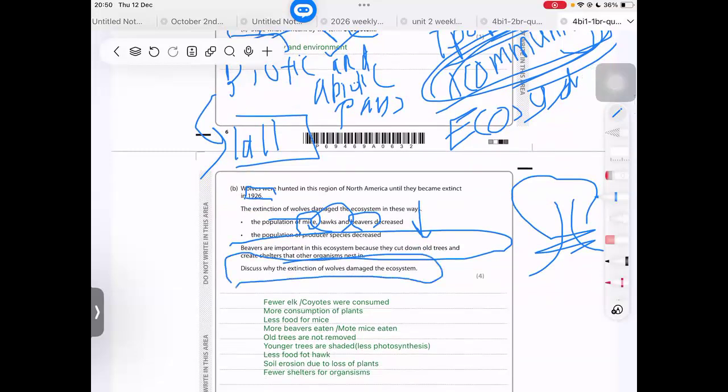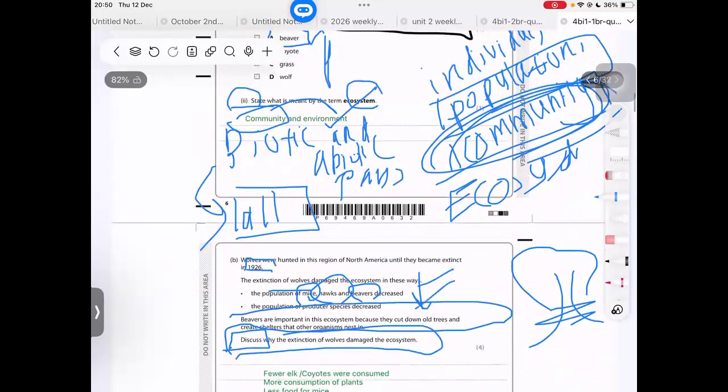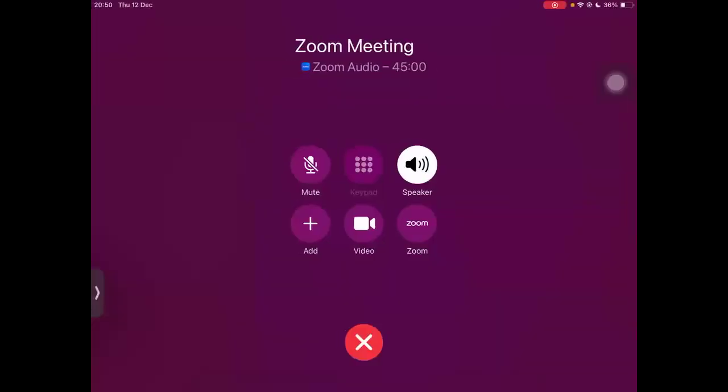When they say the word discuss, you don't have to explain anything. You don't have to give the reasons for anything. You just have to make sure you are writing why the extinction of wolves has damaged the ecosystem. You are only answering the question, not giving reasonings.